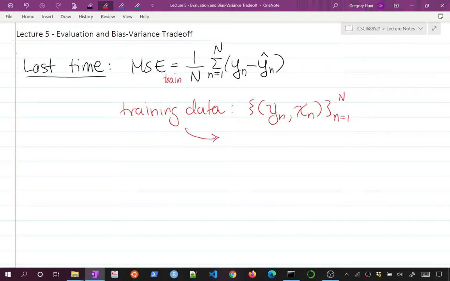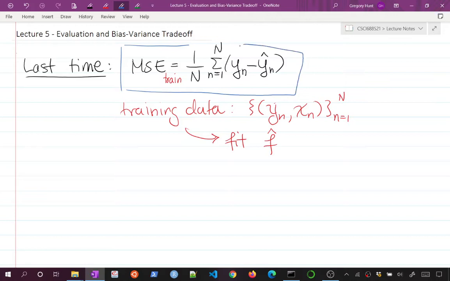I use this training data to fit some predictor function f hat, and one way I could evaluate how good this f hat does is I could calculate the training MSE.